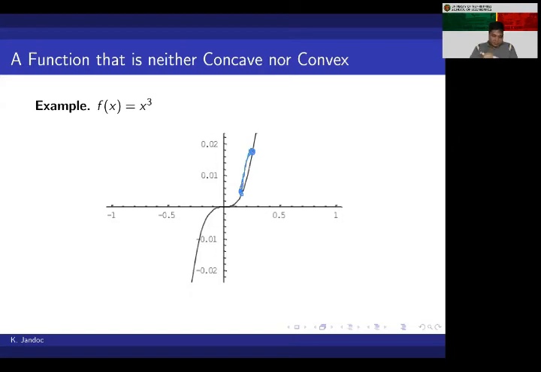But if you join 2 points in this segment, this and this is below the graph. So there are parts where the line segment is above the graph and parts where the line segment is below the graph. So this doesn't satisfy the definition of convexity nor concavity. This function is neither concave nor convex.